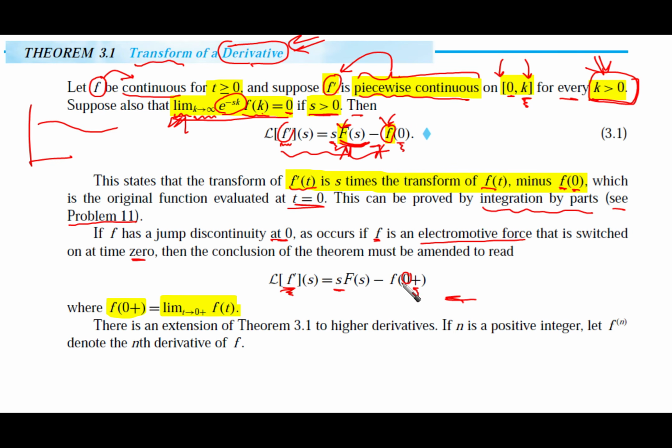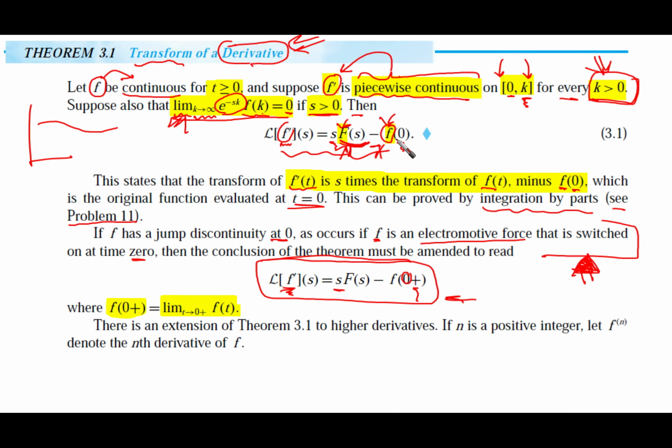Okay, take care. This is important only for this case, for those who are going to work in the electrical field. They are going to understand this clearly and they will use it many times.